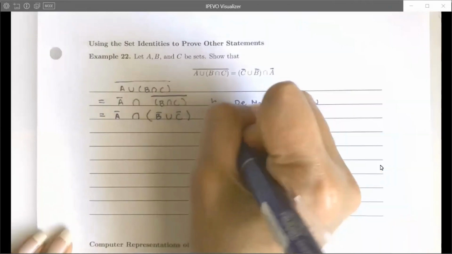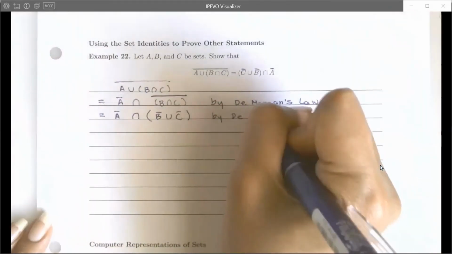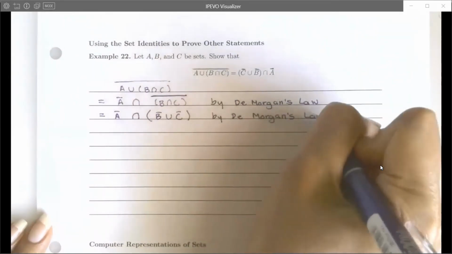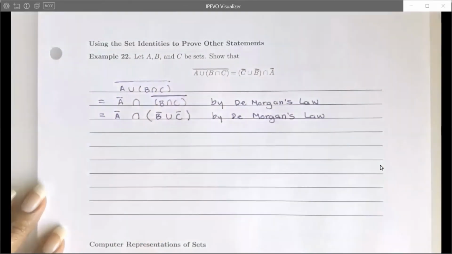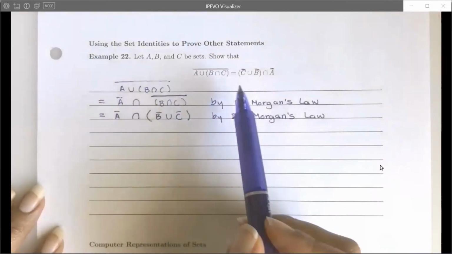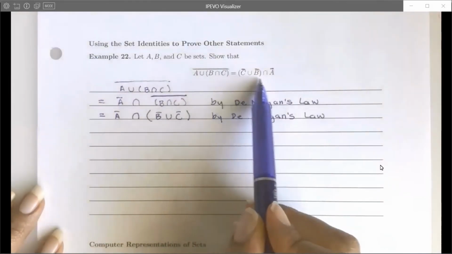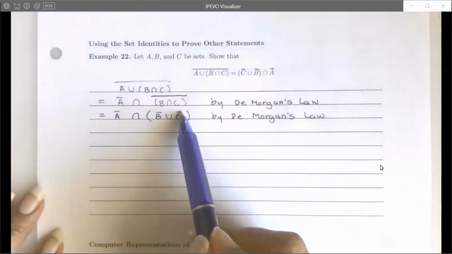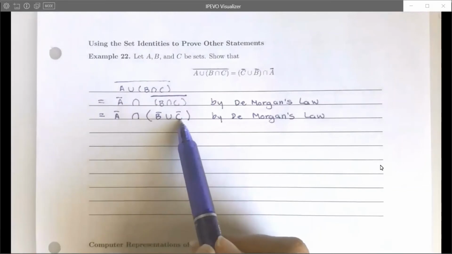So this is again by De Morgan's laws. Now, if you take a look at what the goal should be, we're very close. We have A complement intersect the B complement union C complement.